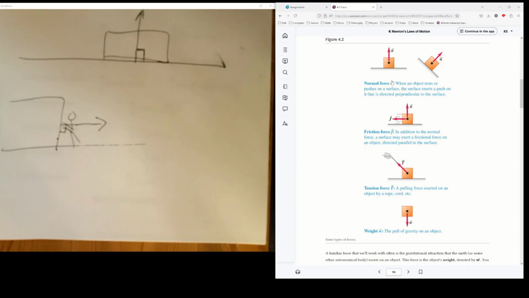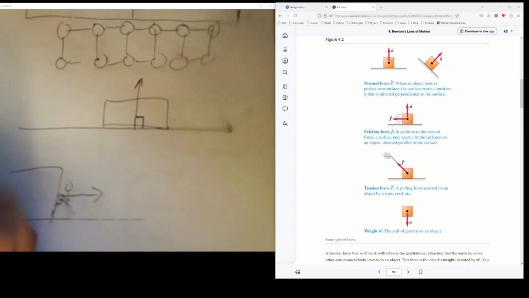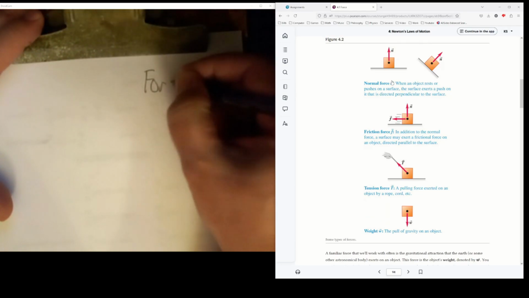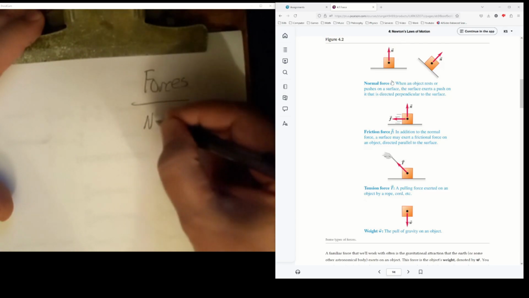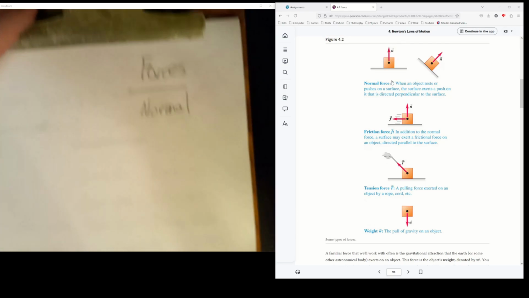It's not one of the fundamental forces of nature. The normal force is just the result of all the electric forces at the atomic level holding material together. But that's our first force that we're going to need. The normal force is a supporting force.